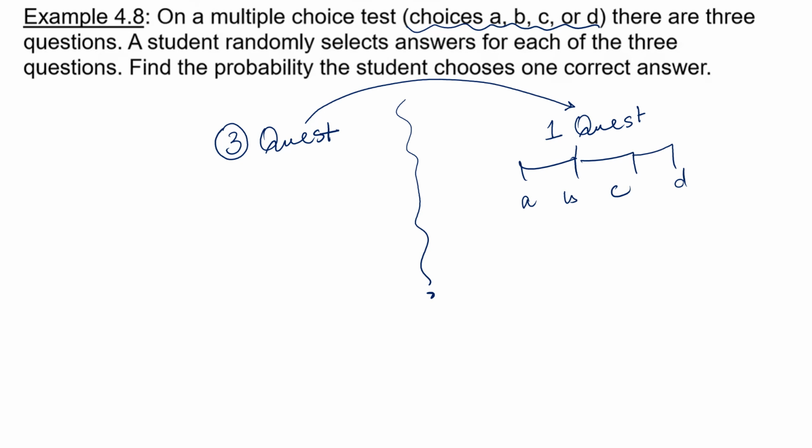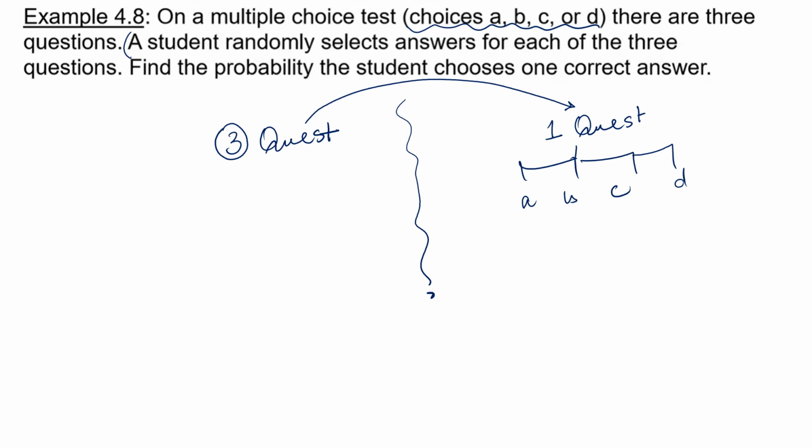In the previously done question, there was only one situation: either you will succeed or you will lose. You solve the question or you do not solve the question. But here they are saying there are 3 questions in a question paper and for each question there are 4 possible multiple choice answers.